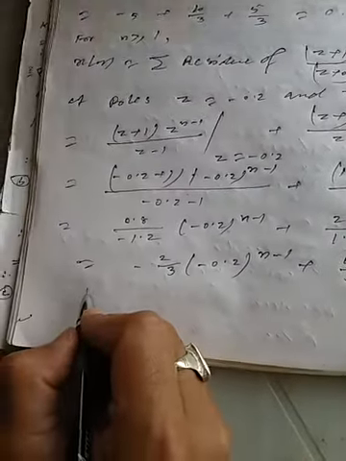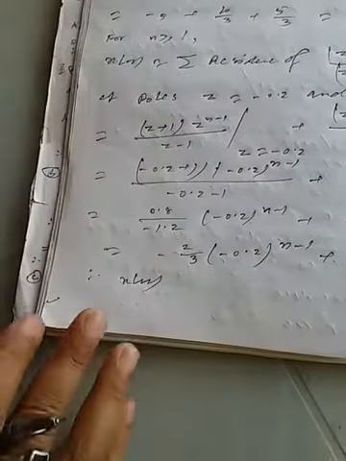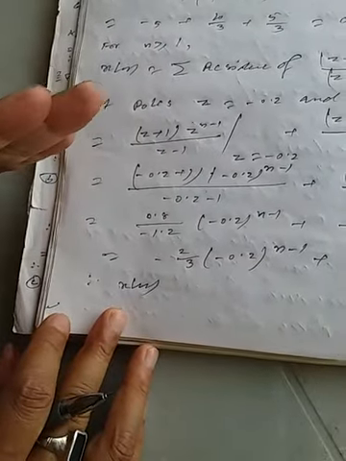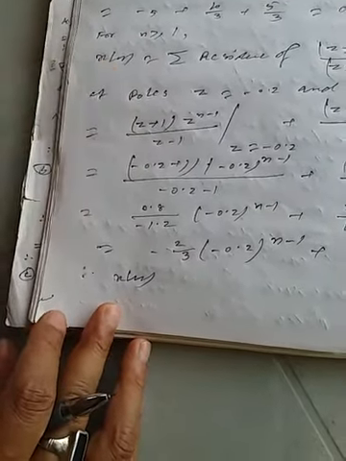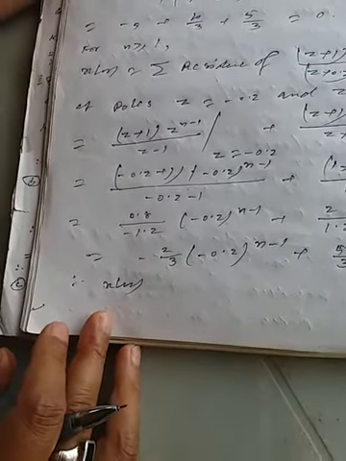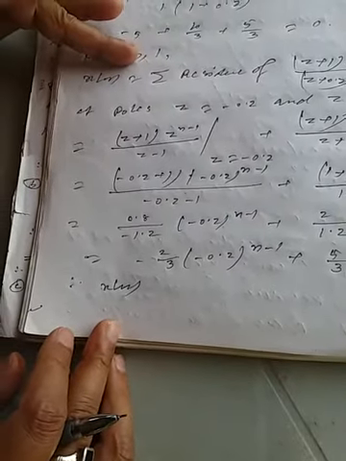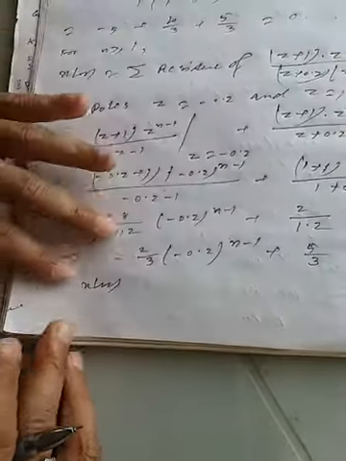So from here we can say that for n less than 1, xn equal to 0, and for n greater than or equal to 1 we are getting xn equal to this.